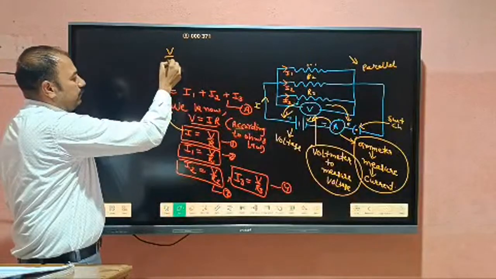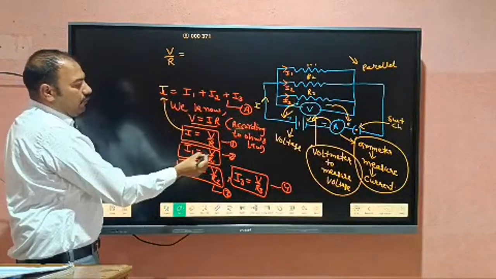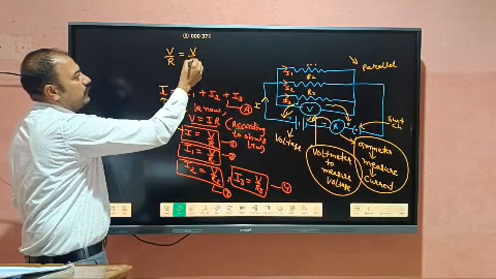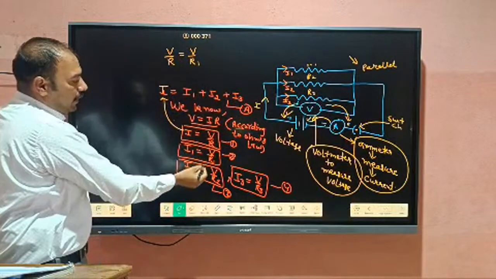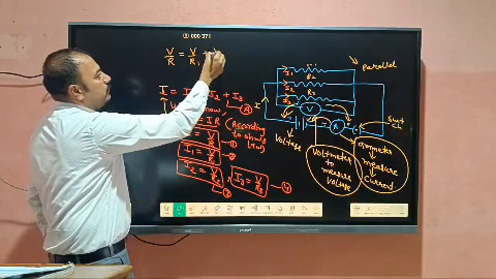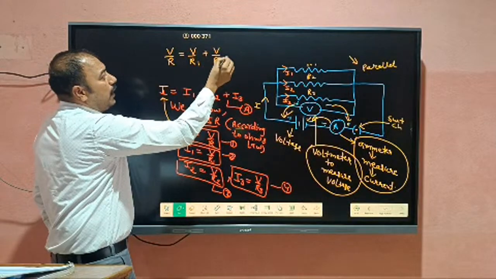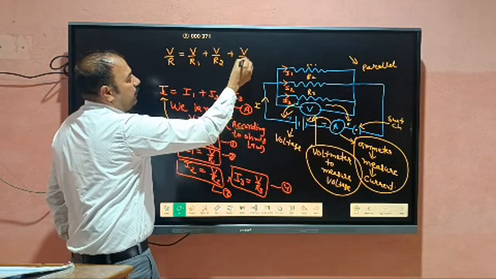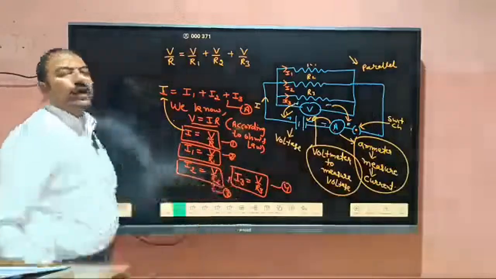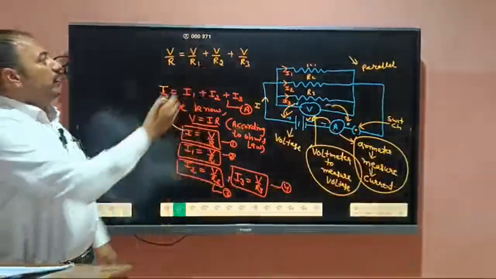V by R. Put here I1 as V by R1, and I2 as V by R2 plus V by R3, the value of I3.